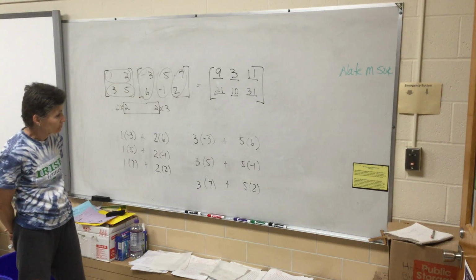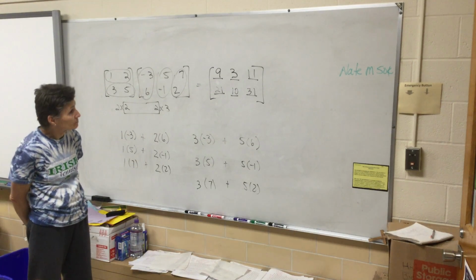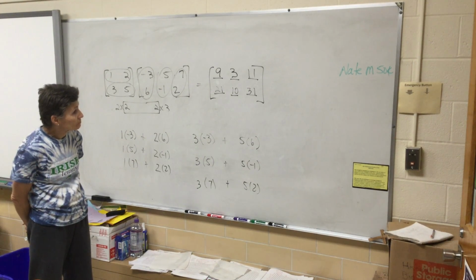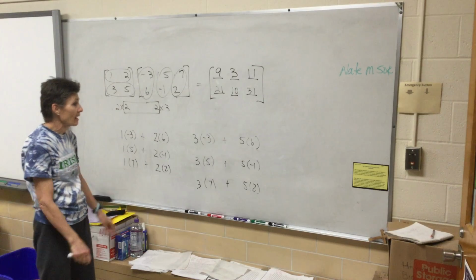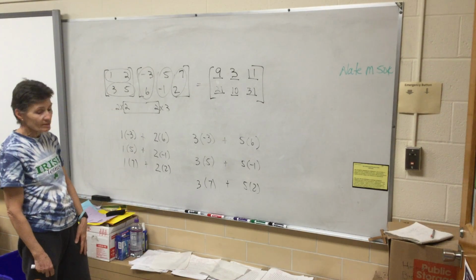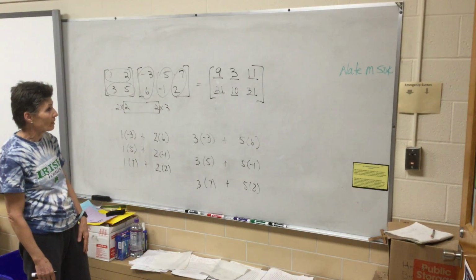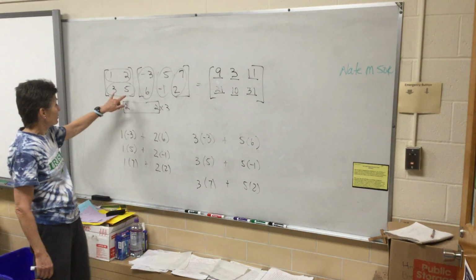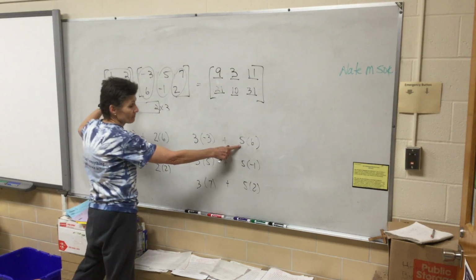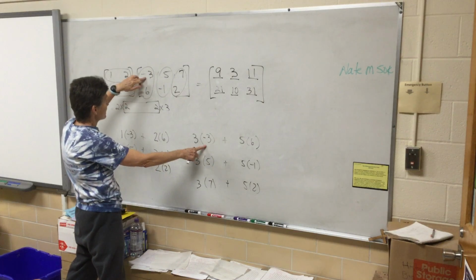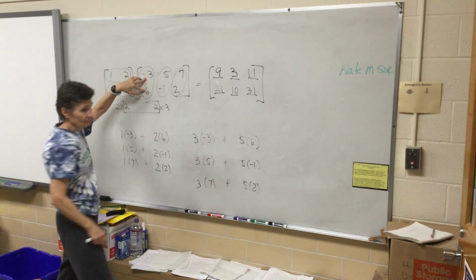I don't know if these are right. I got 13, 3, 41. Okay, we need to check that out. All right, so I want you to go over to the side. We're going to start over again, okay? For the bottom row. So I want you to write 3 and 5, and then next to that goes negative 3 and 6.